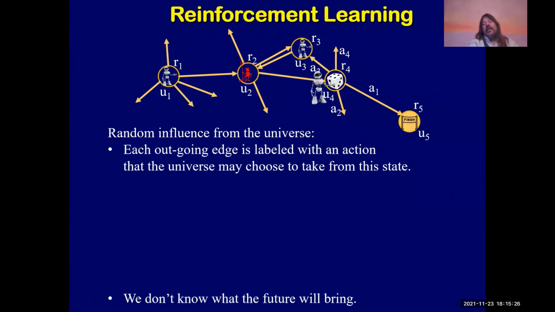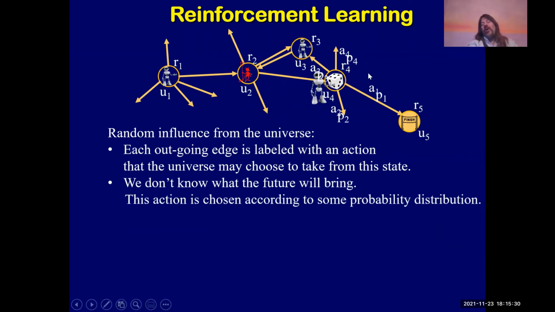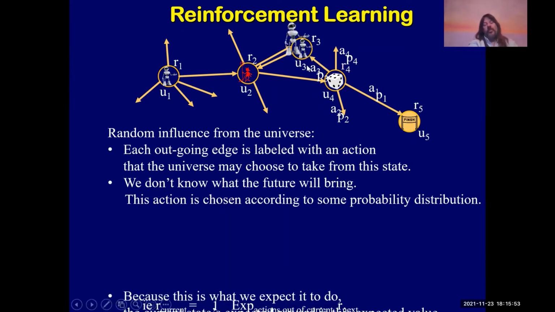And then we don't know what the future will bring. So associated with each of these actions is the probability that it moves in a particular direction, right? So if in this state, it flips a coin, which says with probability P1, you go this way, probability P2, you go this way, and it takes some random walk, right?